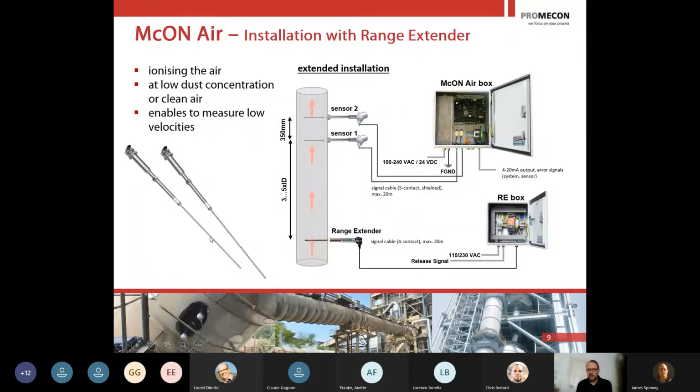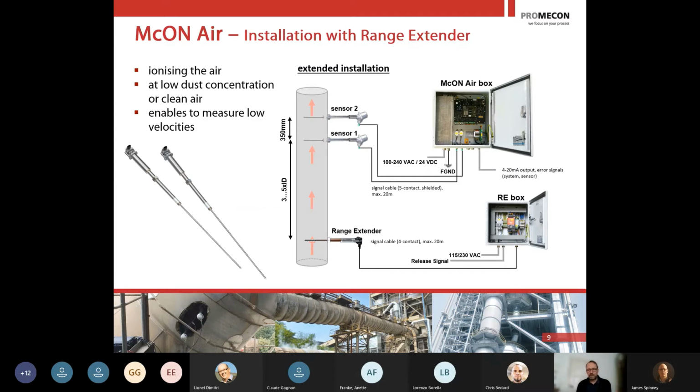For clean air applications, which, when we think about the cement industry, might be in the clinker cooler or any kind of fresh air, or even after a very effective filter, we have an additional probe which is inserted into the airflow, which we call the range extender.